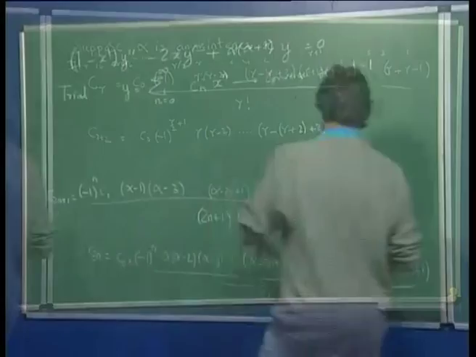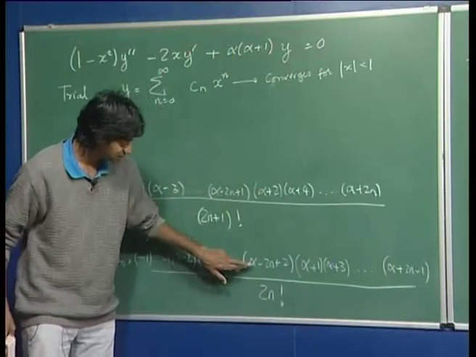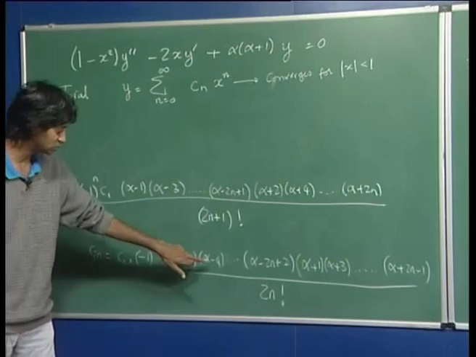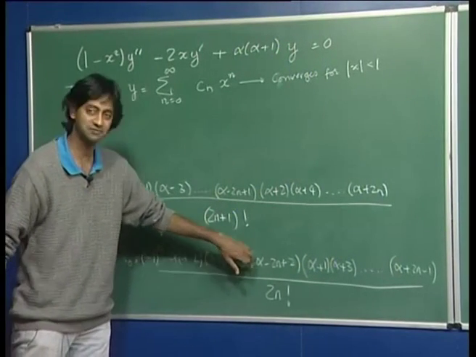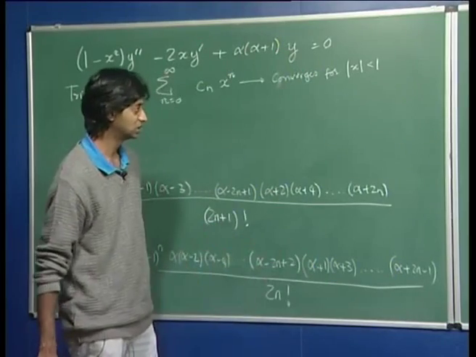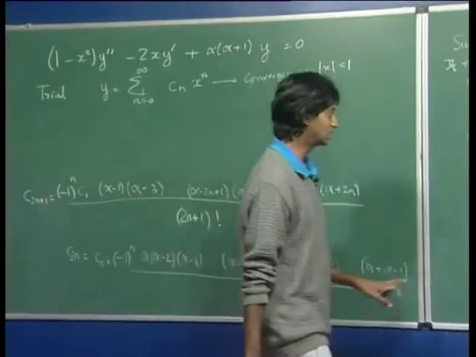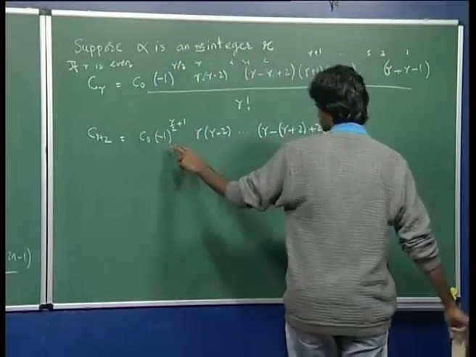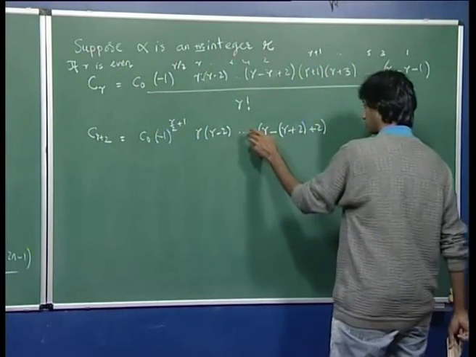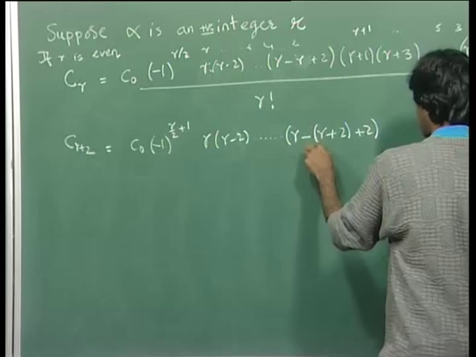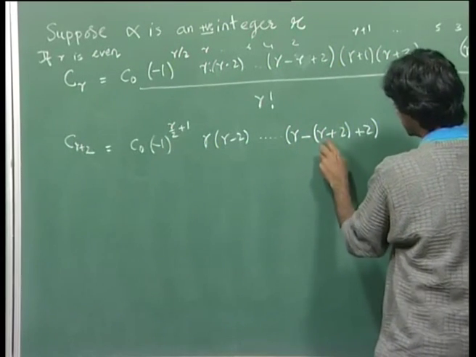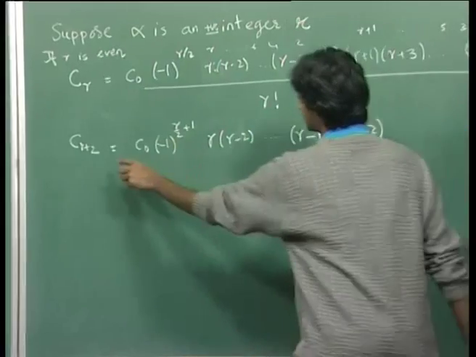So what you have here is alpha minus 2n plus 2. So you have alpha minus 2, alpha minus 4, alpha minus 6, alpha minus 8. It keeps going on all the way to alpha minus 2n plus 2. So this is alpha minus 2, then alpha minus 4, alpha minus 6, all the way to alpha minus 2n. 2n is same as r plus 2.